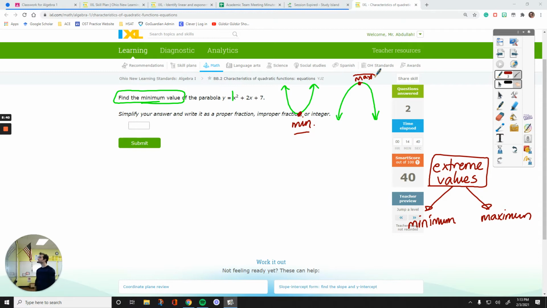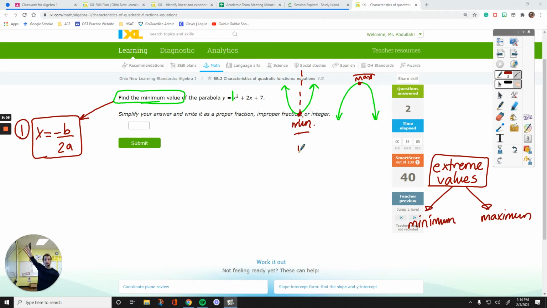But how? To find a minimum or maximum value, you need to first figure out the axis of symmetry. Negative b over 2a. You need to figure this one out first. Because that minimum value right here is going to be on that axis of symmetry.